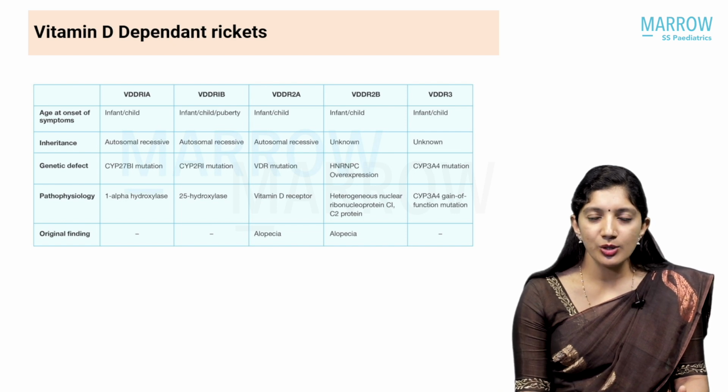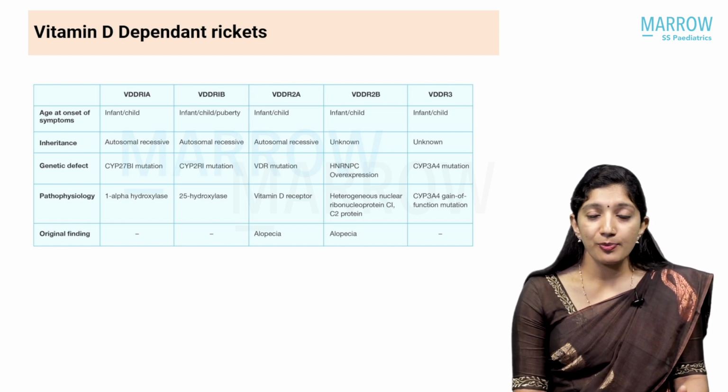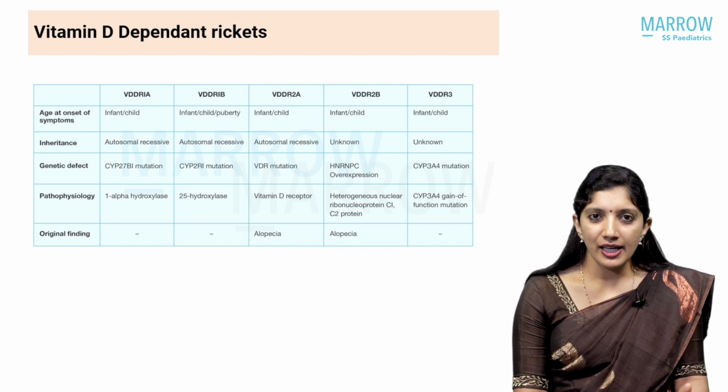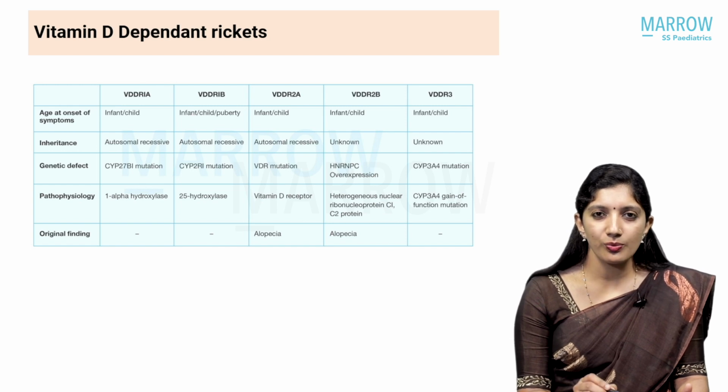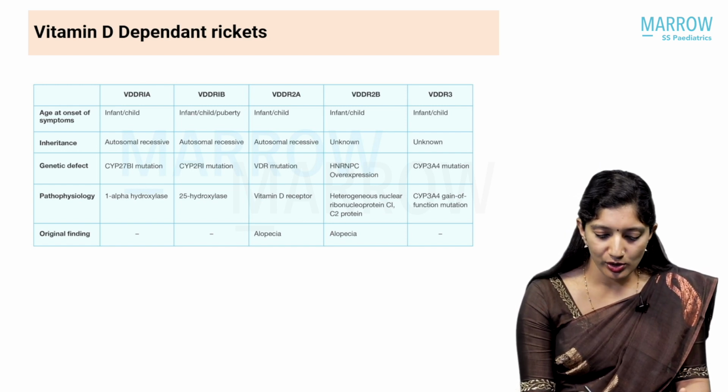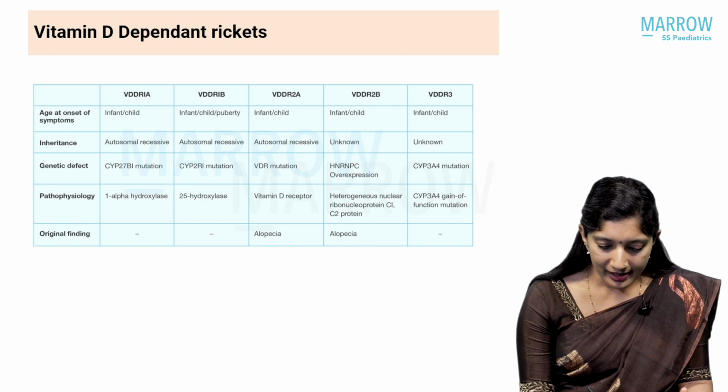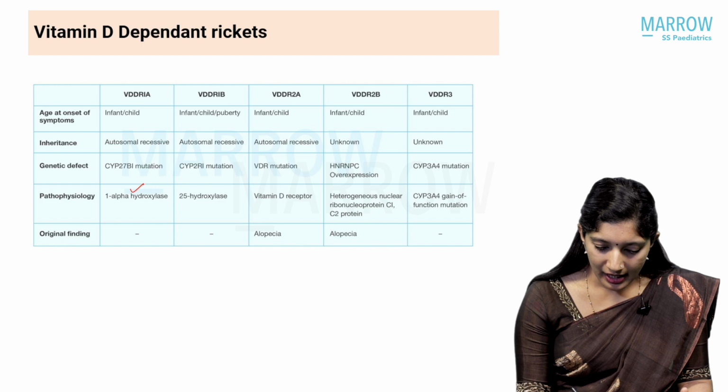VDDR type 1 is due to a defective mutation in the 1-alpha hydroxylase enzyme or 25-hydroxylase enzyme, classified as VDDR type 1A and 1B. So VDDR type 1A is a mutation in 1-alpha hydroxylase and 1B is in 25-hydroxylase.